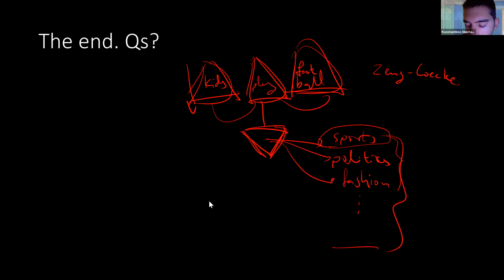The t|ket> compiler that I mentioned before by Cambridge Quantum Computing is also using it in the inner workings of its compiler to decompose the circuits and reason about them. So basically, it's a language where computation is done by rewrite rules on graphs on which tensor networks are defined, and these tensor networks are similar to the ones that I've shown here. They are states, processes, and effects. Anything like that is a tensor network, and ZX is a universal language to reason about them only with graph operations.